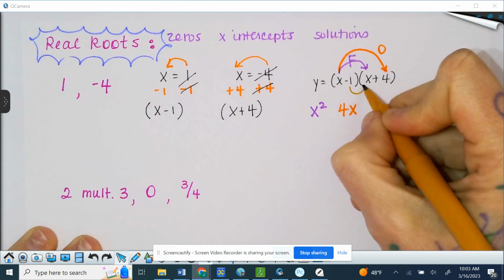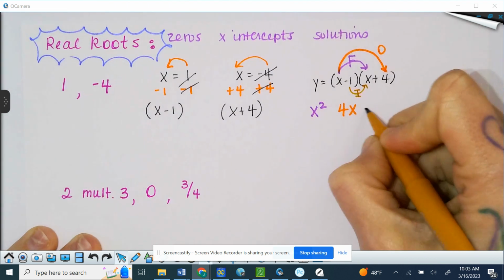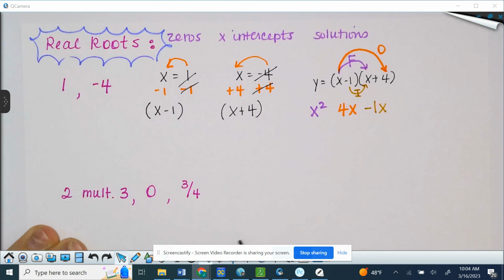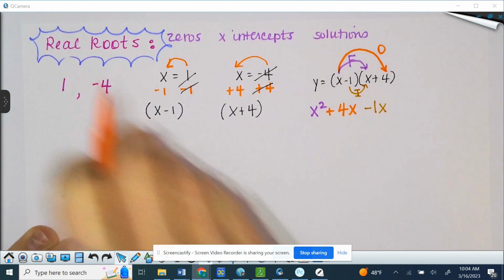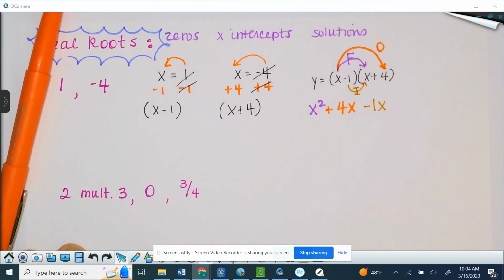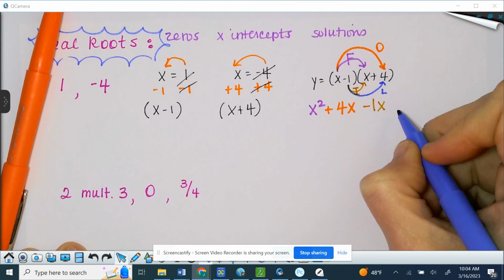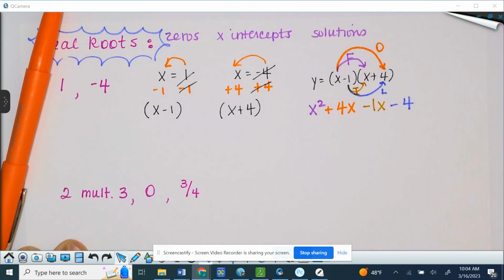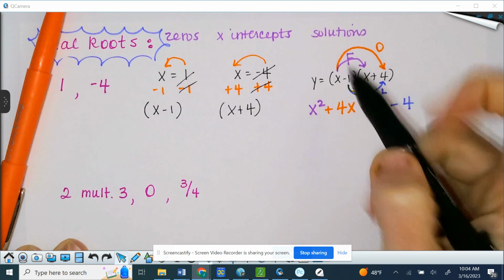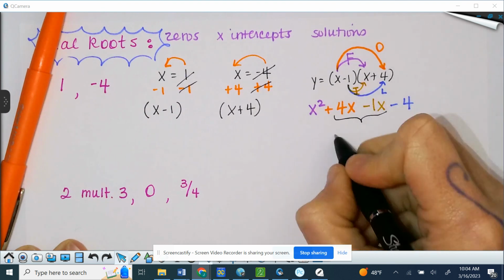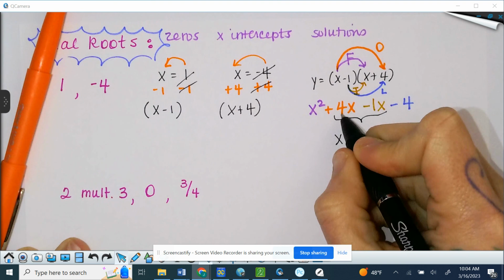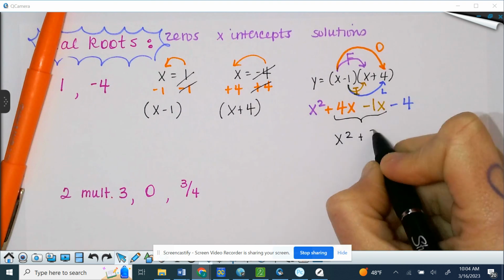This is our inner, if you're a FOIL person. So -x, and I guess I should put that +4 because that's a plus. And then last but not least, -1 and 4, that's our last, and that's going to give you a -4. Then you're going to clean up like terms. So I have x squared. If I have $4 and I lose $1, then I have 3.